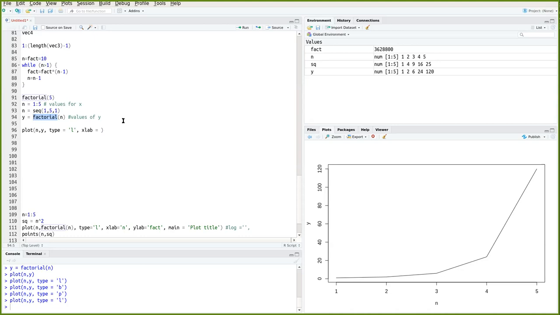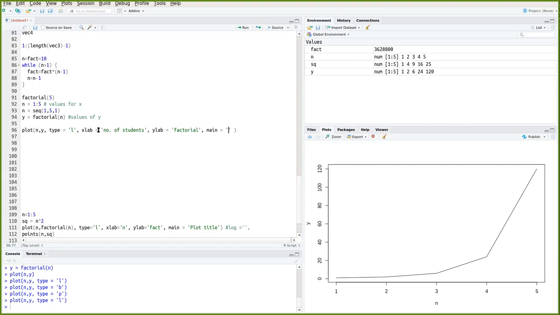Cool. Okay. So to give an x label, I can say, for example, number of students. And the y label would be factorial, because I'm calculating factorial here. If you want to give a title to the whole plot, you can put it under main.